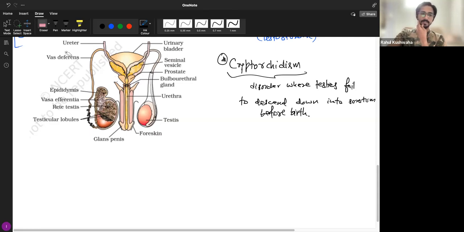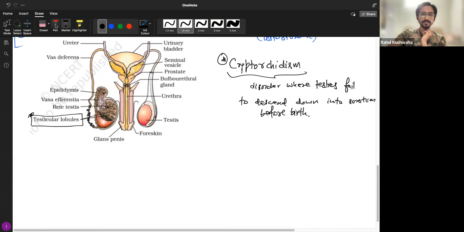Okay, so let's start with testes here. So you can see that there are two testes. Inside the testes, there are structures called testicular lobules. Let me use some yellow color which can be seen.